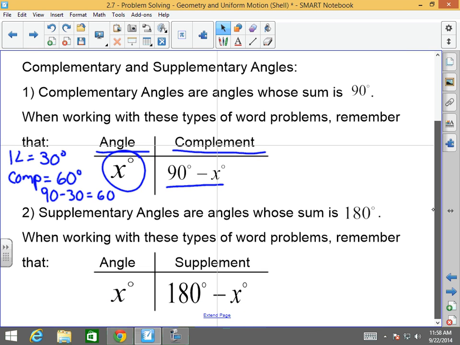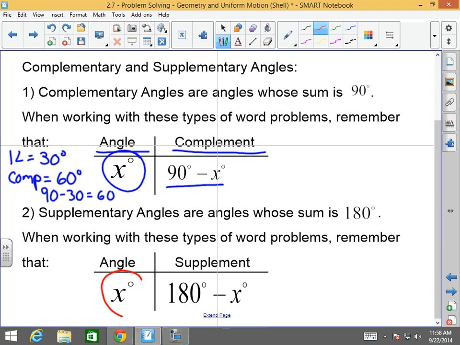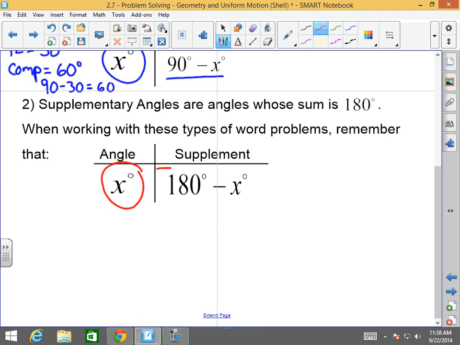Very similar pattern occurs with supplementary angles. Supplementary angles are angles whose sum is 180. When working with these types of word problems, remember that the angle is x again, but this time the supplement is 180 minus x.